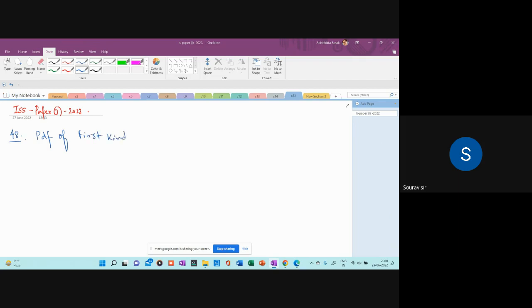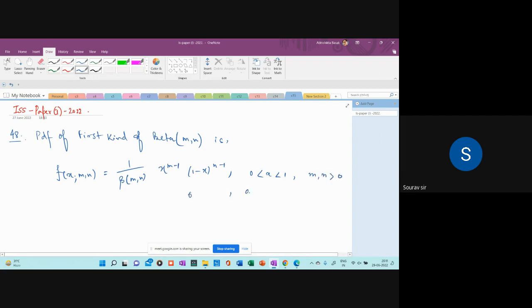The PDF of the first kind of beta, taking the distribution parameters m and n as per the question, is f of x with parameters m, n equals 1 by beta(m, n) times x to the power m minus 1, times 1 minus x to the power n minus 1, where 0 less than x less than 1, m and n both greater than 0, and 0 otherwise.